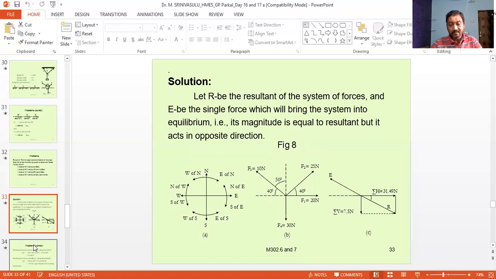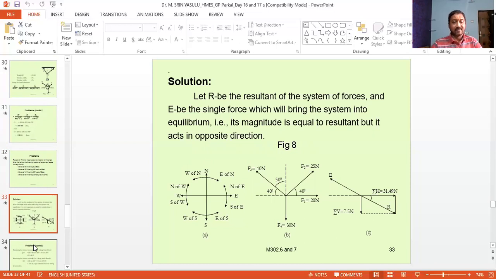For your understanding, in figure A, the sides are shown: north, south, west, east, east of north, west of north, south of west, north of west, west of south, east of south, south of east.